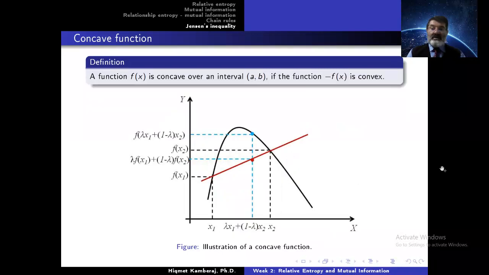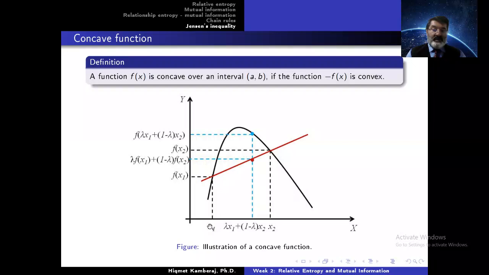Now we can also give the definition of a concave function. A function f of x is concave over a certain interval ab if the function minus f of x is convex. Similarly, graphically we can interpret it in this way. So I have an xy axis, then again the black curve gives me the f of x function.